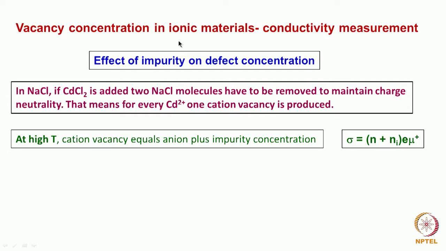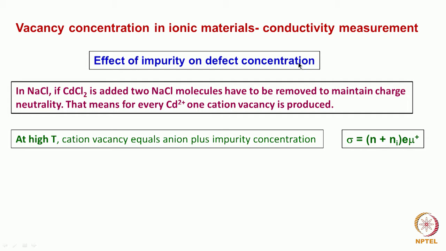By the addition of the impurity into the system, depending upon the concentration, if Ni is the concentration of the impurity which we have added, that much number of cation vacancies is also introduced. So, the cation vacancy is always now more than that of the anion vacancy in the material. Okay.